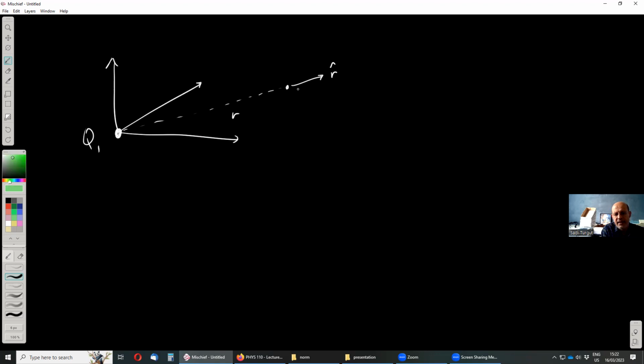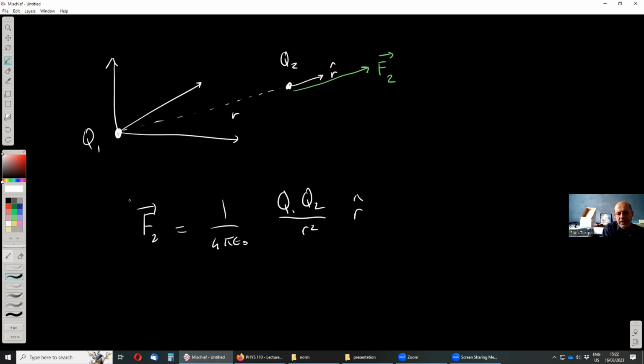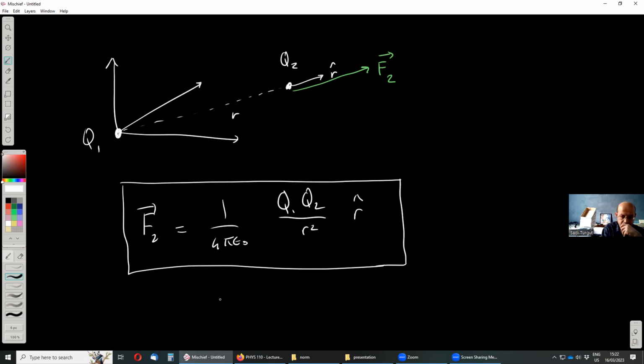In that case, the force applied on this second particle, let me also write down the charge here, F2 is given as 1/(4 pi epsilon 0) times Q1 Q2 divided by R squared times the radial unit vector. This is the correct vectorial form of Coulomb's law. That's the force on the particle with charge Q2.